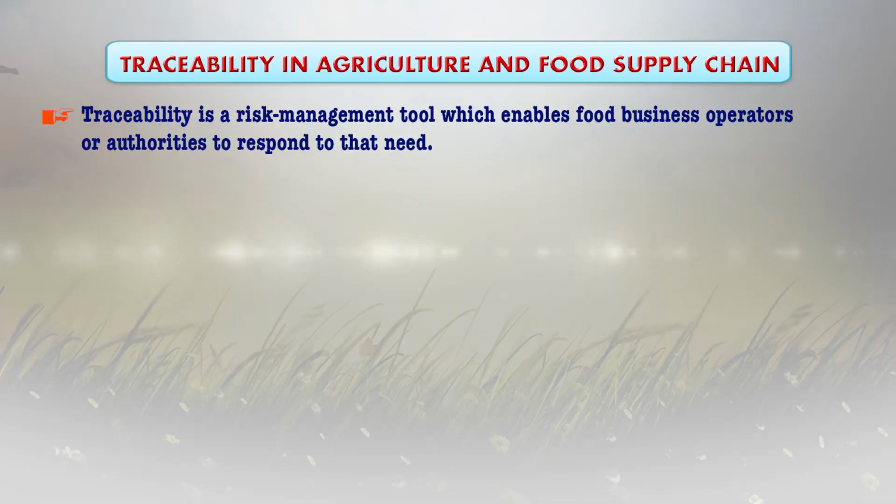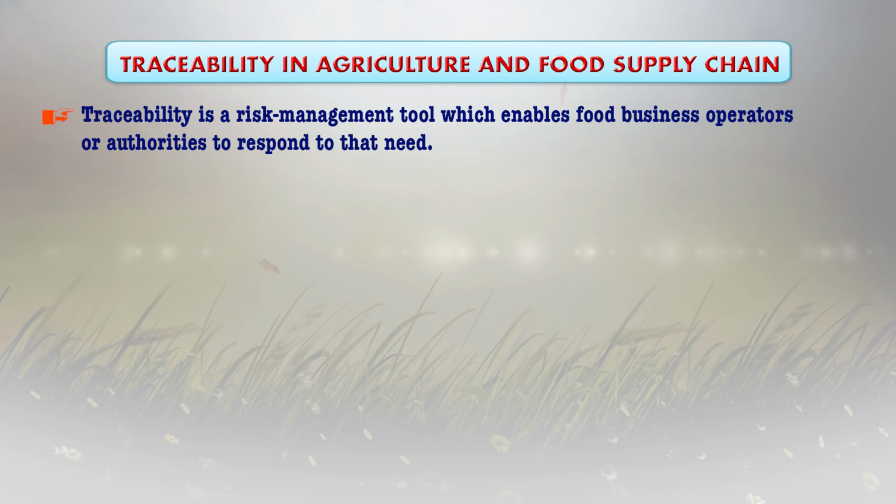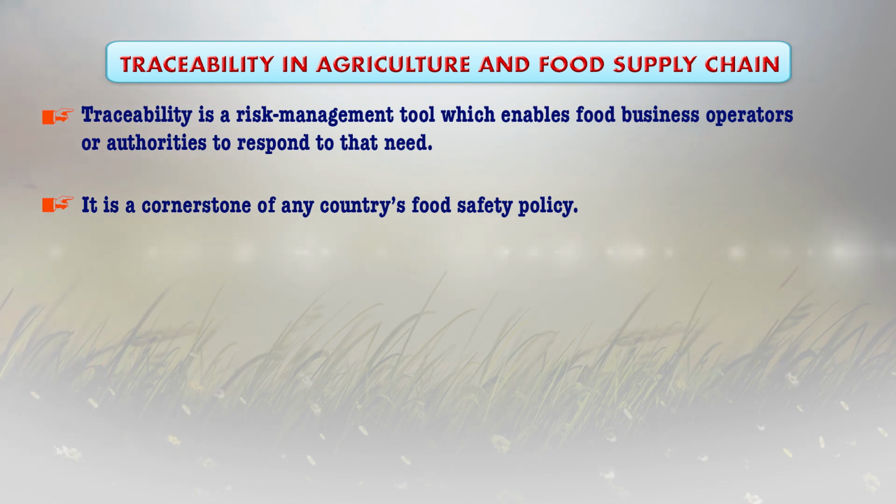So the need to be able to withdraw or recall the products which are identified as unsafe has become more of a concern as well as essential to protect people from foodborne diseases. Traceability is a risk management tool that proves that food business operators and authorities can respond to such a need. It is a cornerstone of any country's food safety policy.